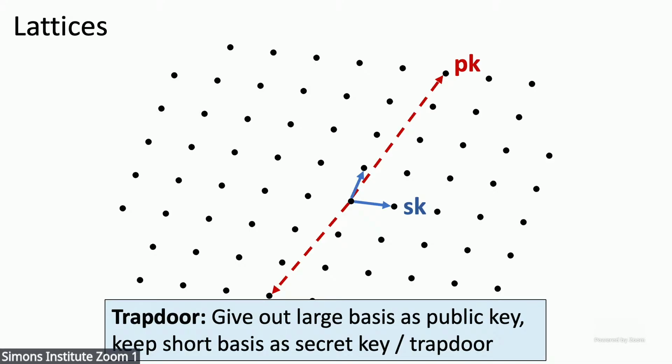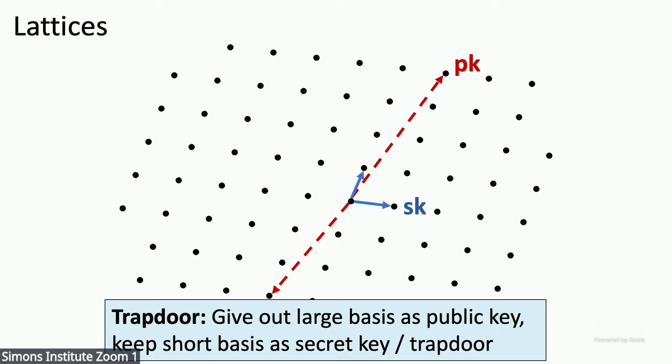So an interesting thing with lattices is that different bases allow you to do different things. One thing you can do is give out a really long basis with long elements, PK, as your public key, and then keep a short basis as your secret key.